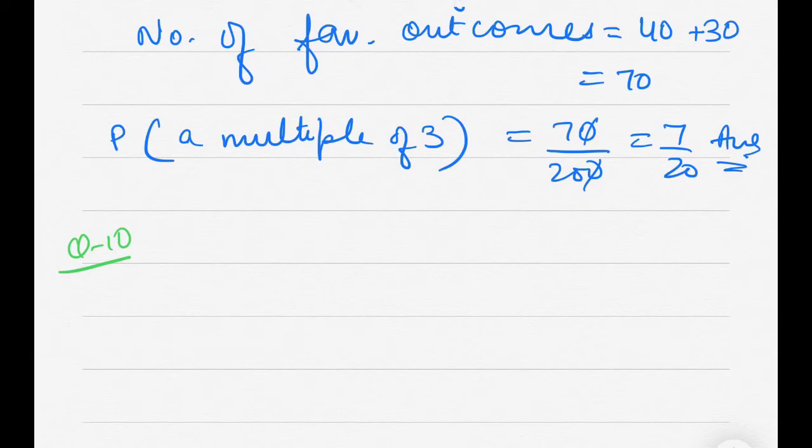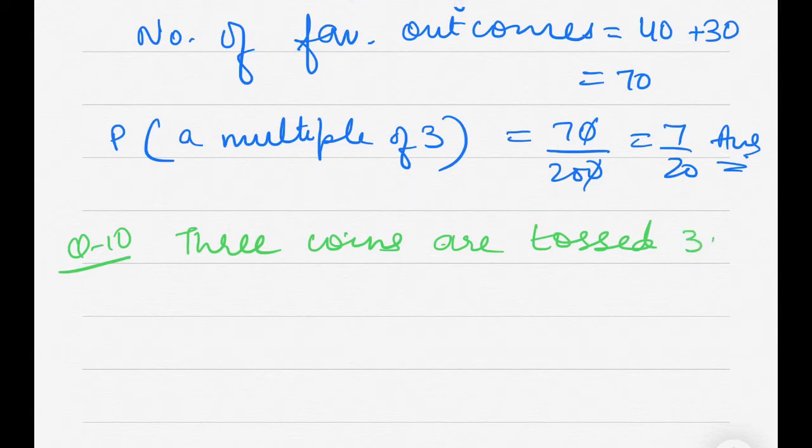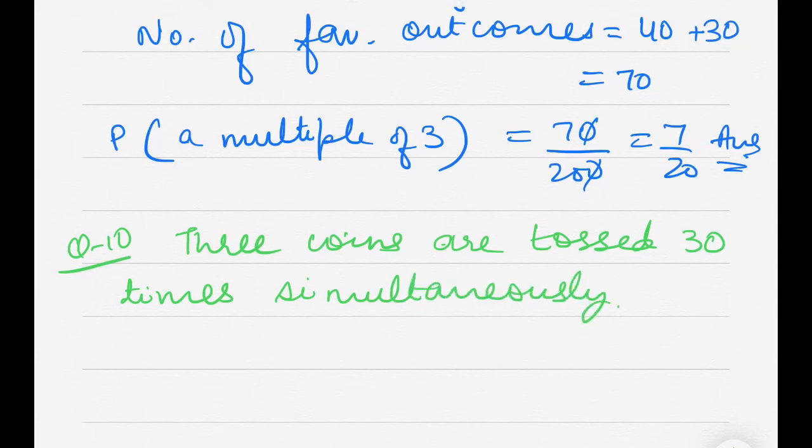So let's move to 3-mark questions. 3-mark question number 10 says three coins are tossed 30 times simultaneously.